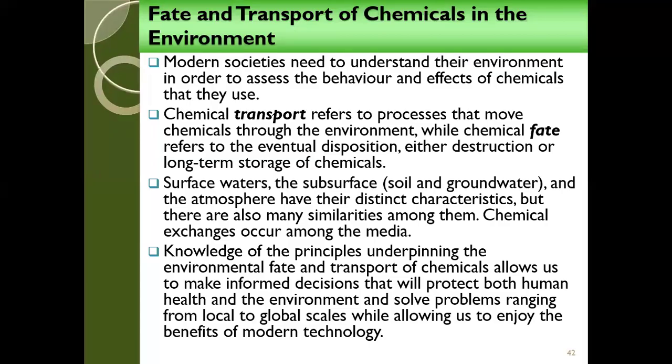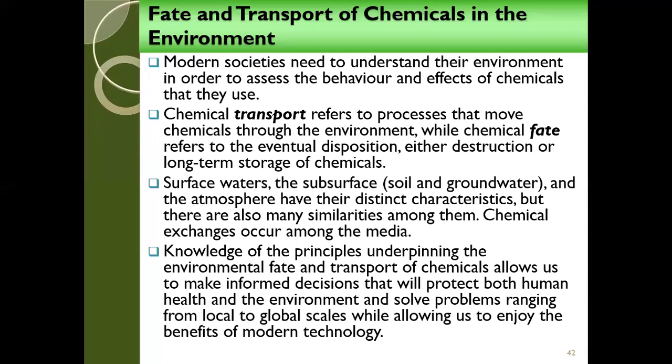So, fate and transport of chemicals in the environment. This is not new to you. Modern societies need to understand their environment in order to assess the behavior and effects of chemicals that they use. So when we talk about chemical transport, what do we mean?